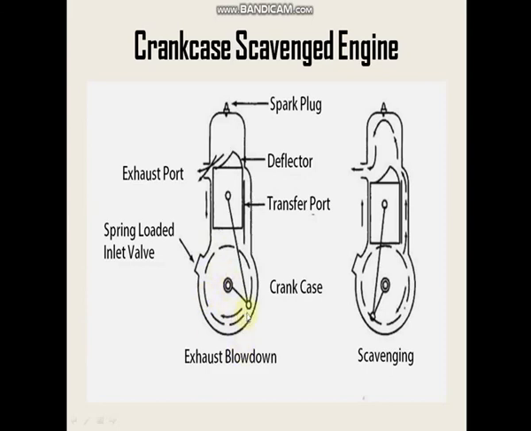After compression, it is sent to the combustion chamber through the transfer port. In this type of two-stroke engine, the crankcase helps the scavenging process. That's why this is known as the crankcase scavenged engine.